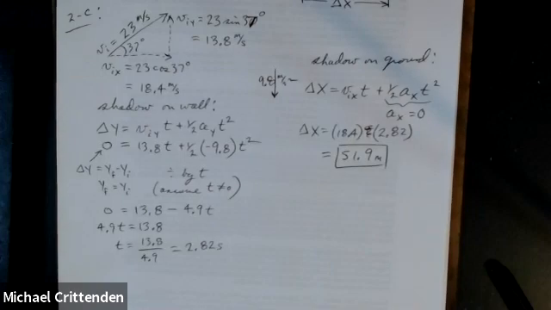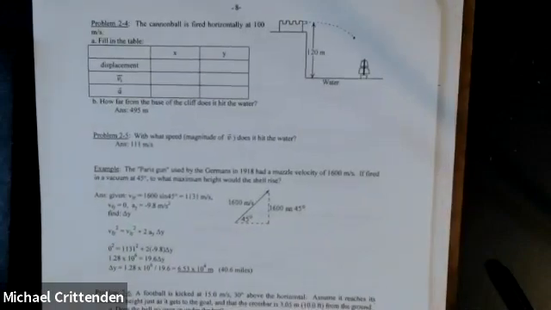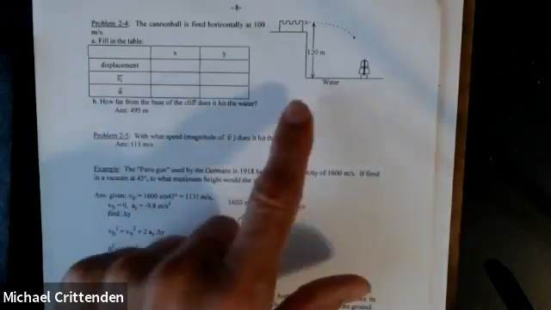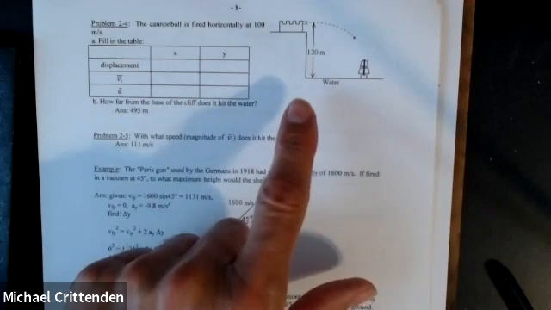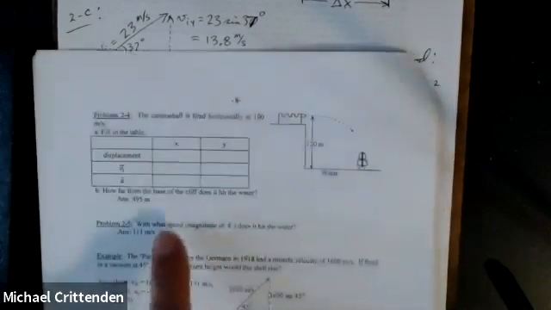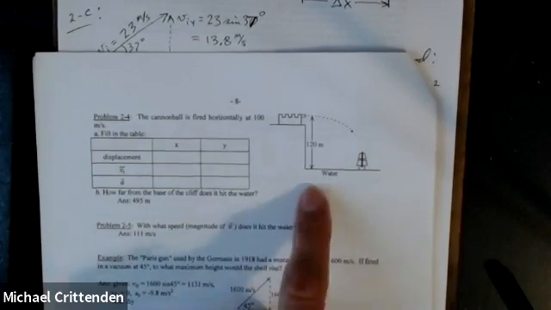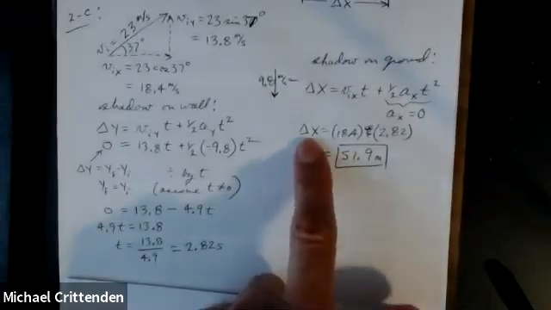So let's see if there's any questions. This one is kind of similar to this one. Once again, the ultimate thing it asks for by the time you get to the end of part B is delta x.